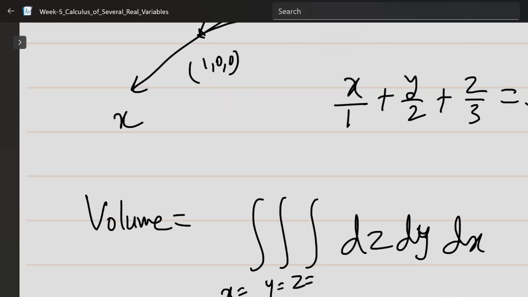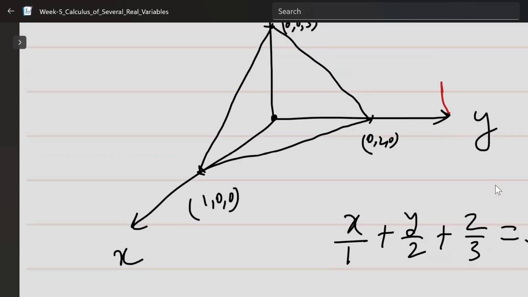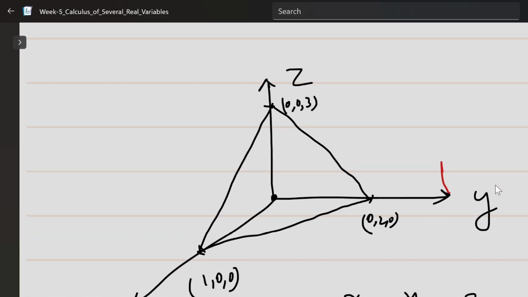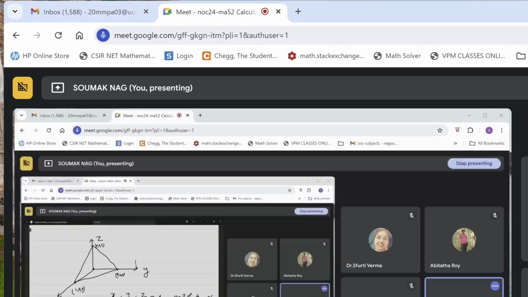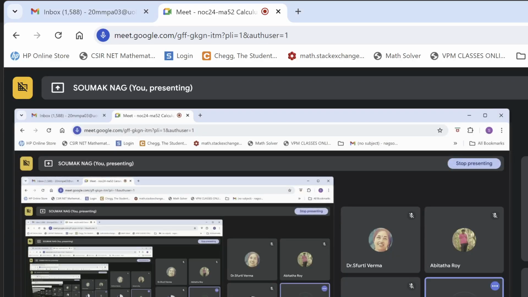Any idea, or I will wait for 2 minutes. Let's see how you will find the volume. Any idea? Any idea? Abhitato or Navneet or Dr. Verma?